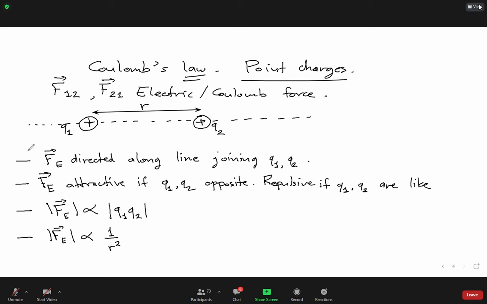Notice the first two statements refer to the direction of the force. Last two statements refer to the magnitude of the force. How do I write the magnitude? These are proportionality signs, and proportionalities are fine, but we prefer equations. We'd like to have magnitude of the force equals something. So if I want to replace the proportionality with an equal sign, I need a coefficient of proportionality, right?